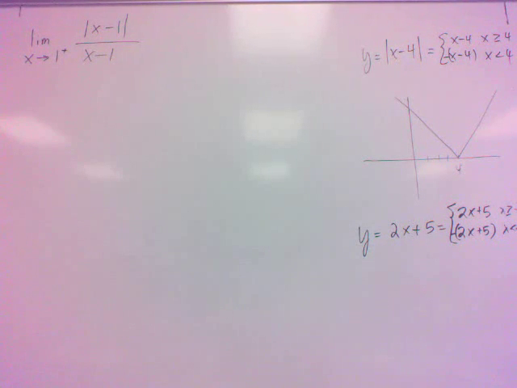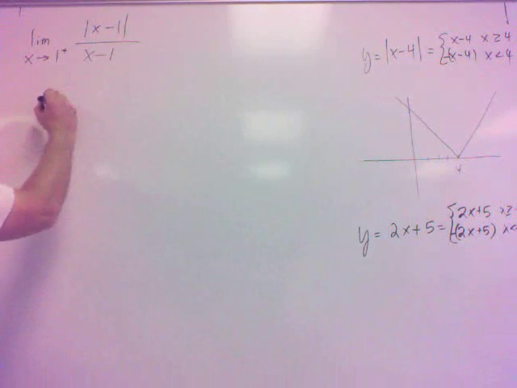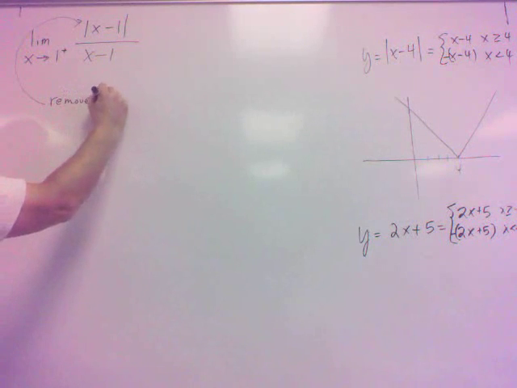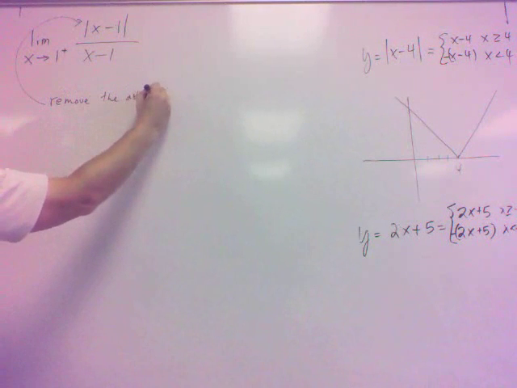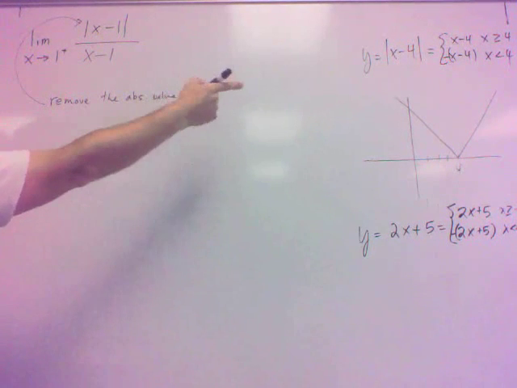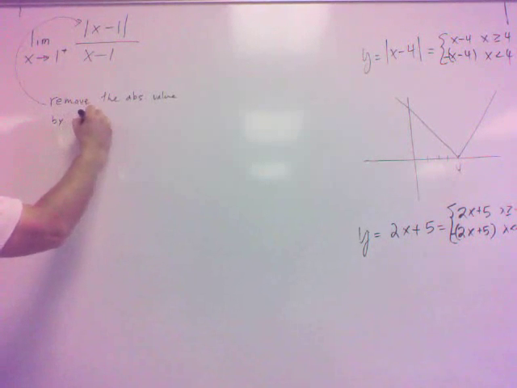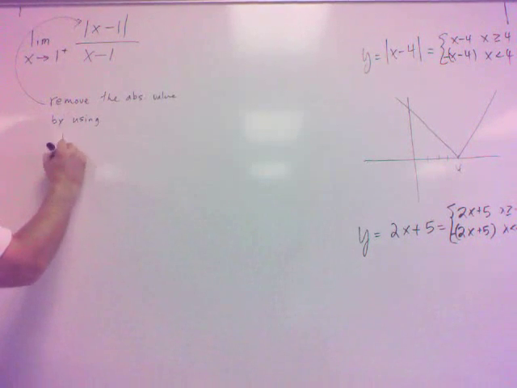Here's the thing. To remove those absolute values, that's what I want to do here. Remove the absolute values by using the piecewise defined function for the absolute value of x minus 1.